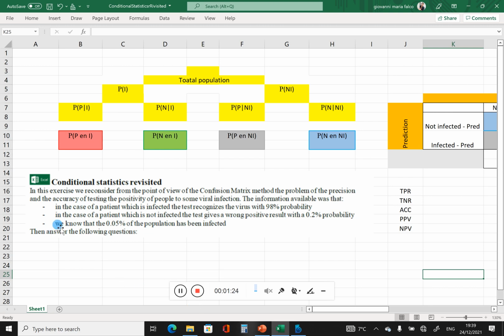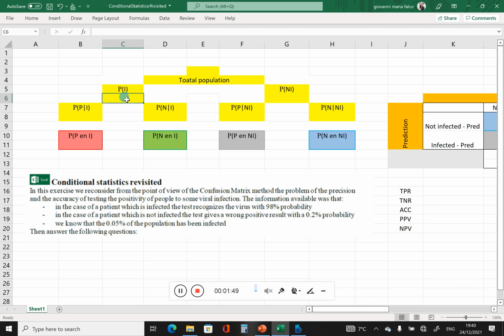So if we read what the information is, we see that for example, it says here that 0.005% of the population has been infected. Okay, that means that we can put here infected, not infected.